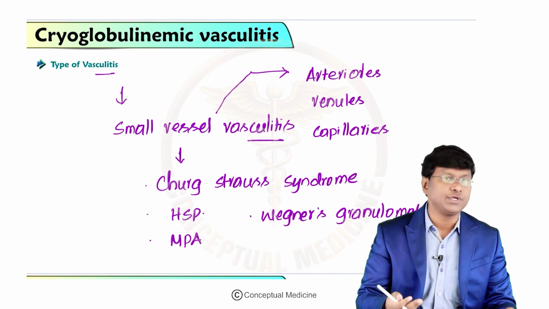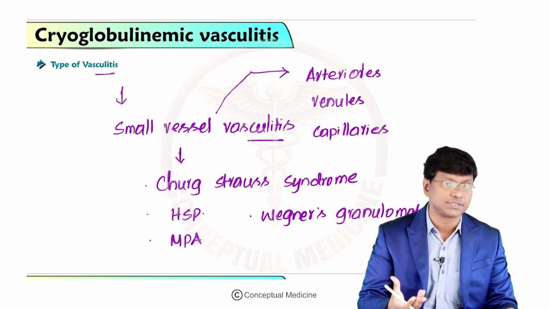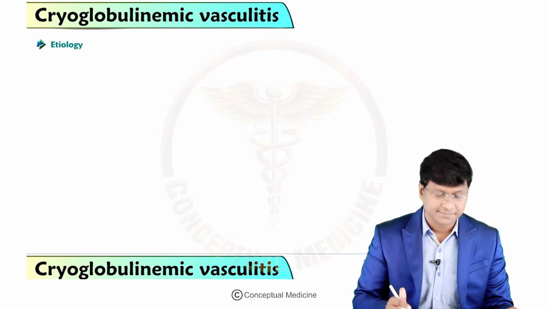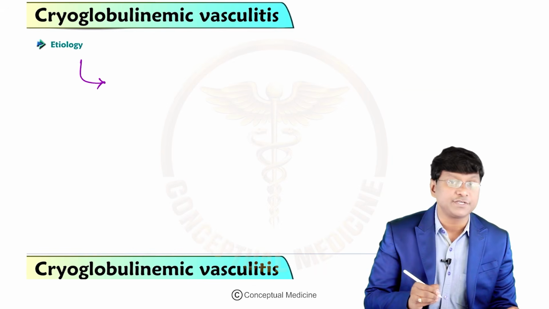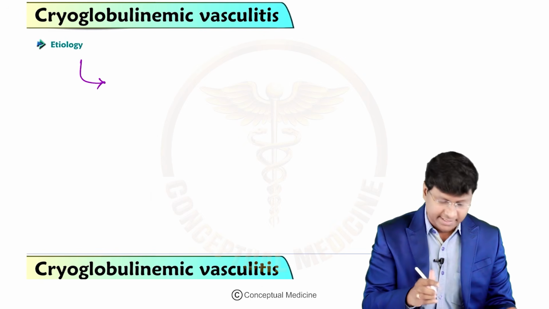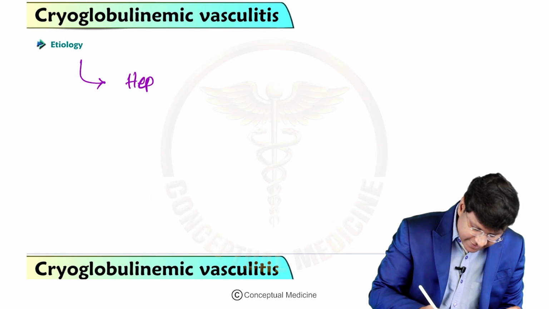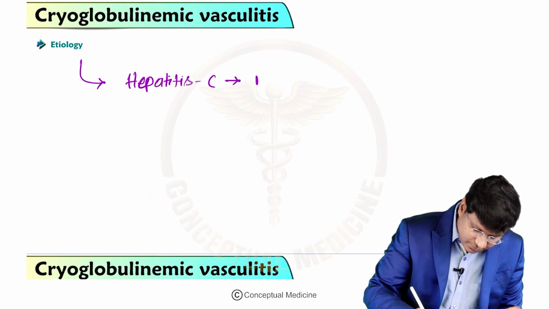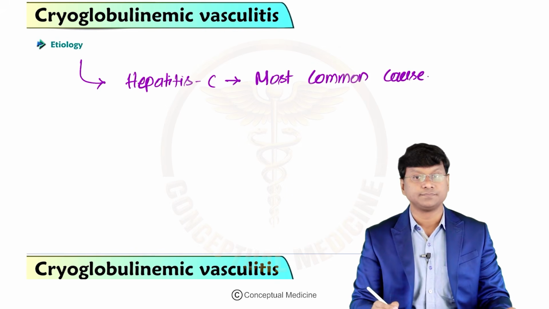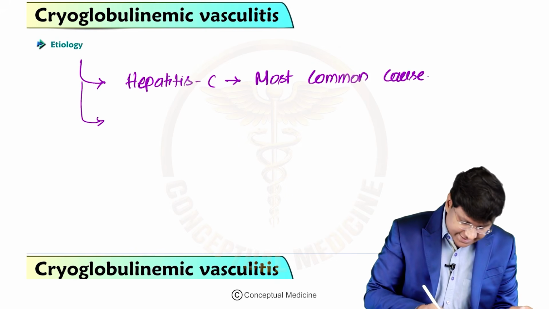Now, what are the etiologies? What is the cause for the development of cryoglobulinemic vasculitis? Chronic infection with hepatitis C is the most common underlying condition which will cause cryoglobulinemic vasculitis.